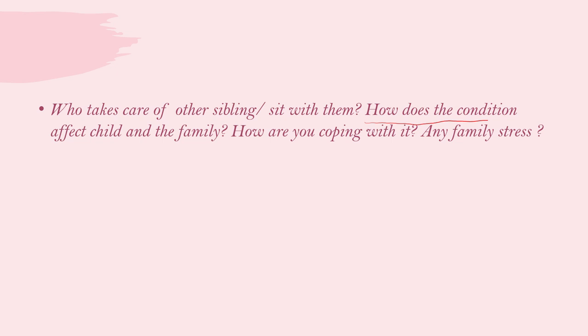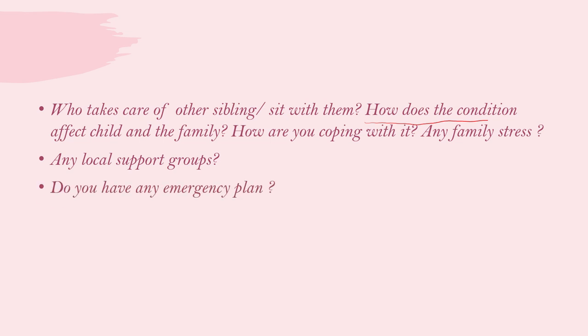Also inquire about any family stress, and if she's in stress, or if she says that she's anxious and depressed about it, ask if she has joined any local support groups, and whether they have any emergency plan or immediate access to the emergency room.